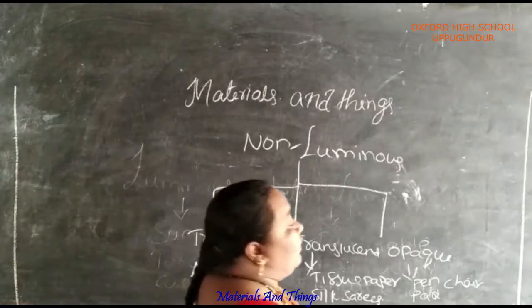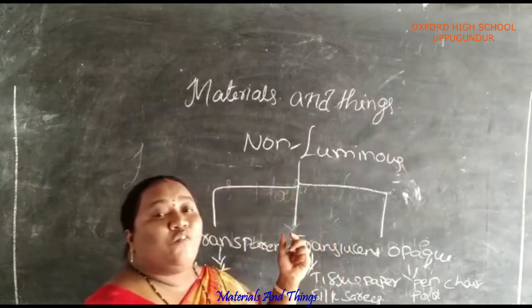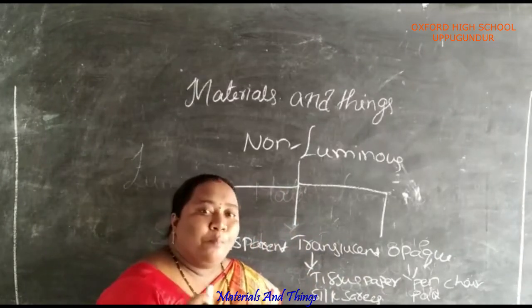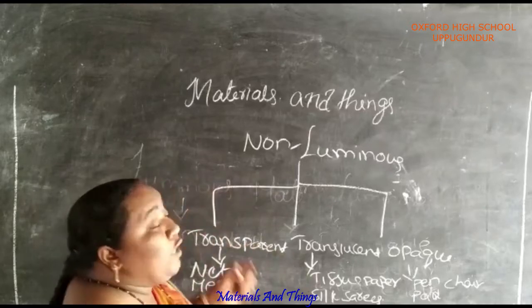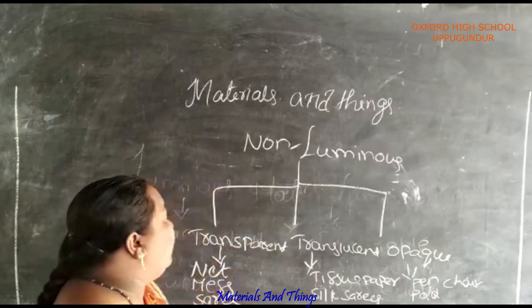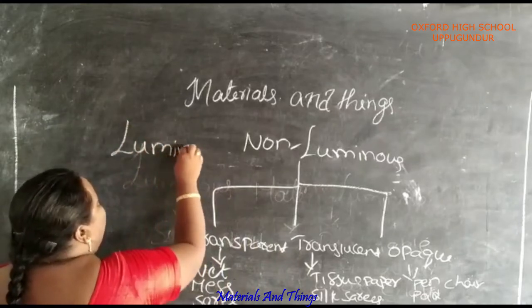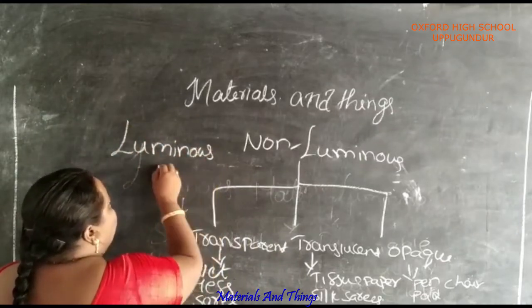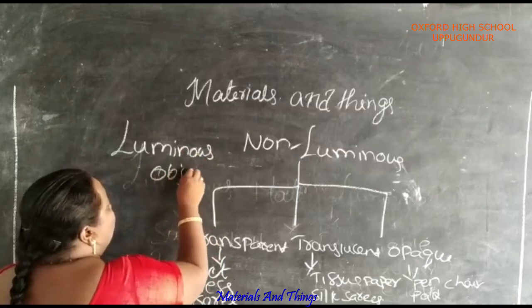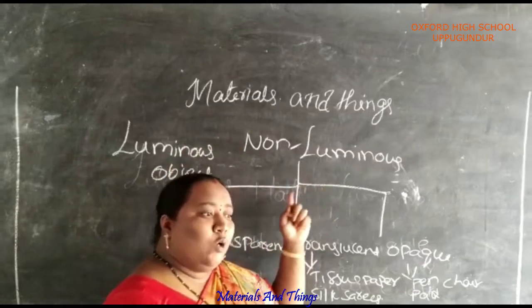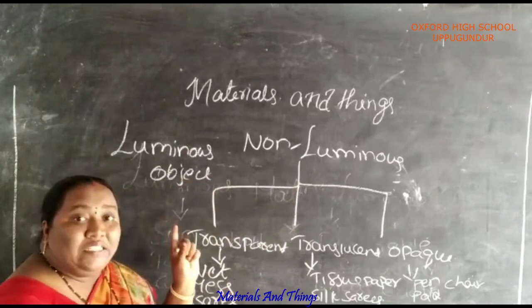Now we are discussing the properties of the materials. There are two types of objects: one is the luminous object, the second is the non-luminous object. What is meant by a luminous object?